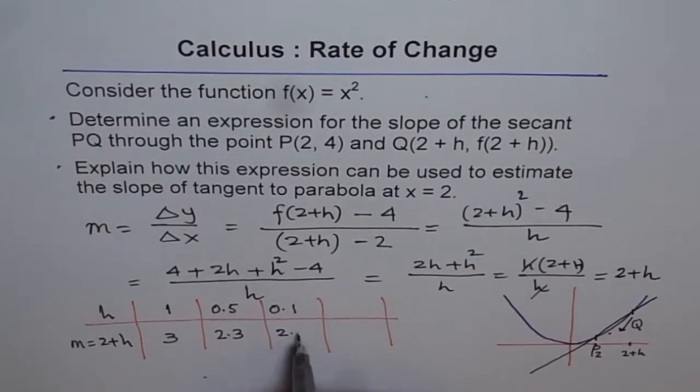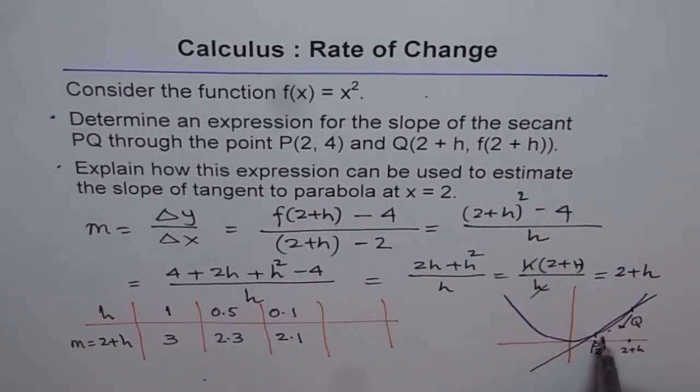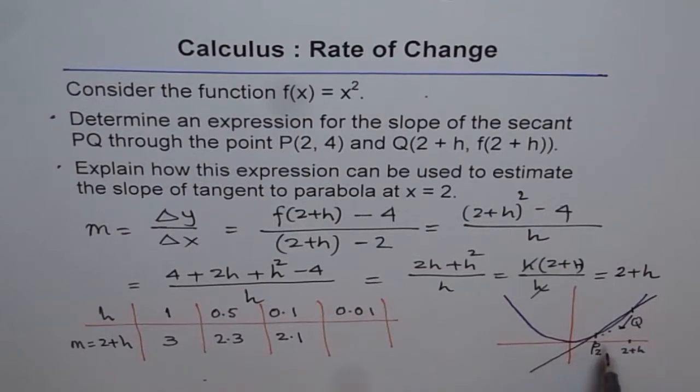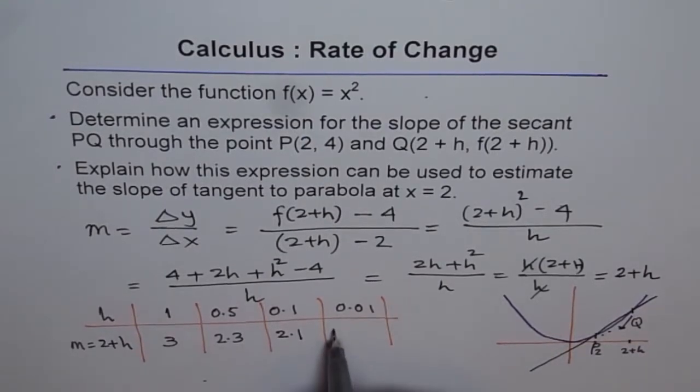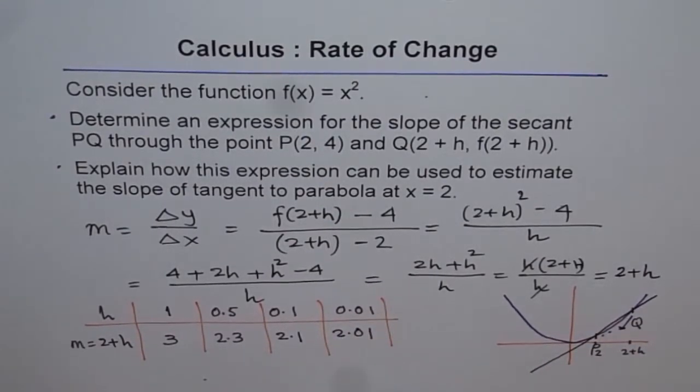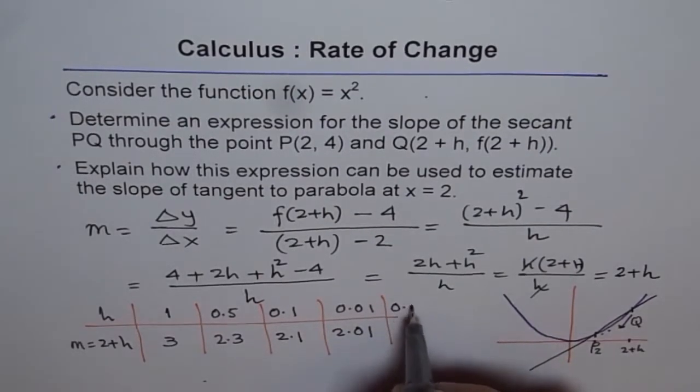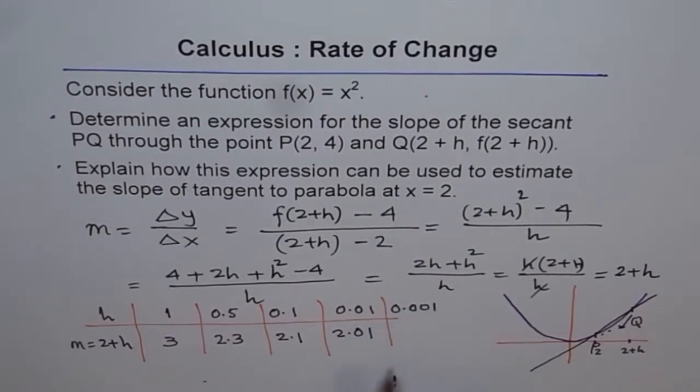If I bring it further closer, let's say it's 0.01, then the slope will be 2.01. And if I continue this process, what happens? Let's say 0.001. Then in that case, it will be 2.001.